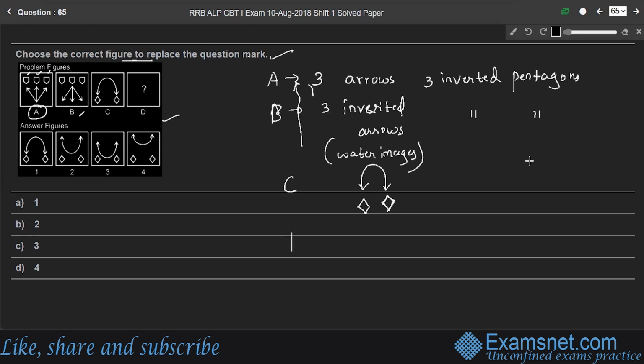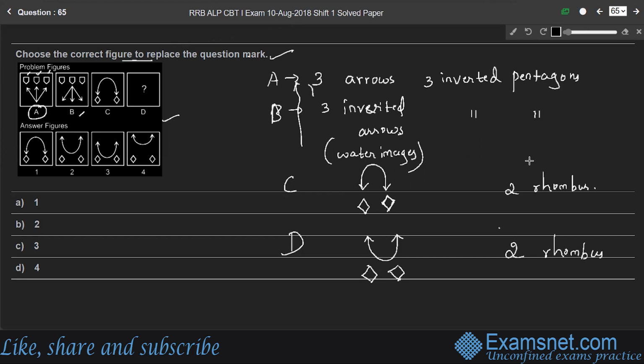Therefore, figure D should also have two rhombus-like structures in the same place, whereas the arrow part should be the water image of the previous arrow structure.